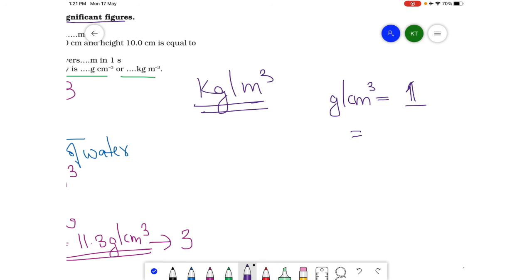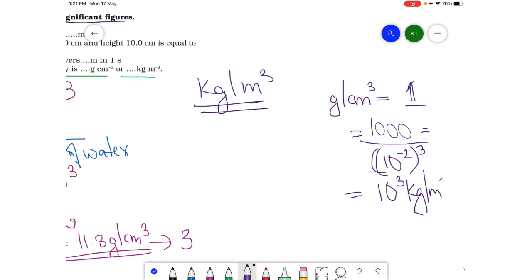So in order to convert from gram to kilogram, multiply by 1000. To convert centimeter cube to meter cube, multiply it by 10 power minus 2. So you get here it to be 10 power 3 by 10 power minus 6 to be equal to 10 power 3 kilogram per meter cube.